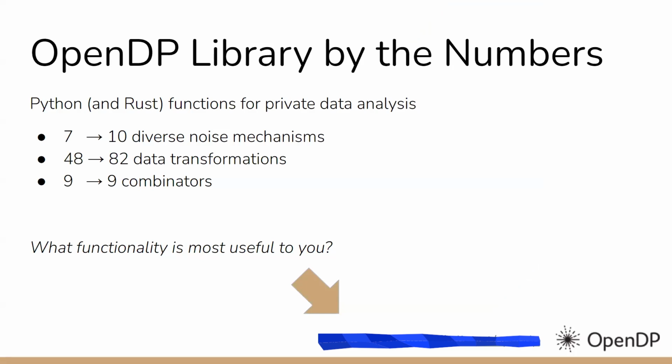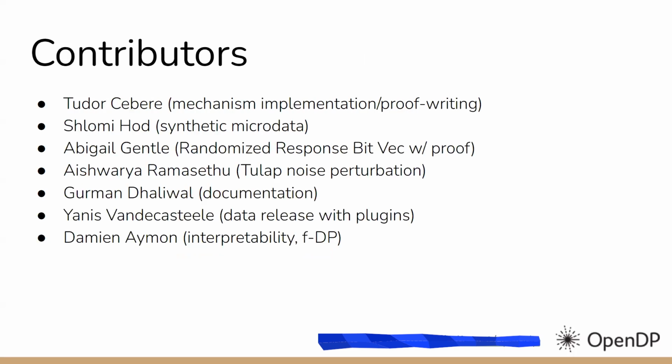I think the numbers here are a little shaky. It's not including mechanisms that are built out of other lower level mechanisms. But you could argue that those are mechanisms in and of themselves, and we have more than 10. I want to say that this is possible thanks to the contributions from many people.